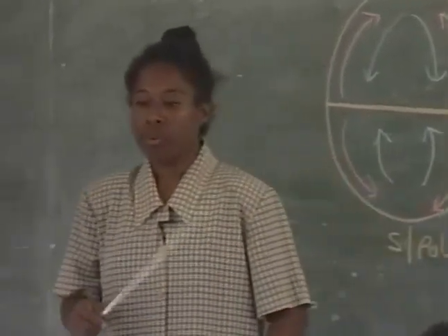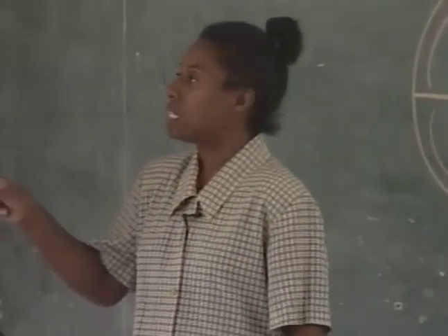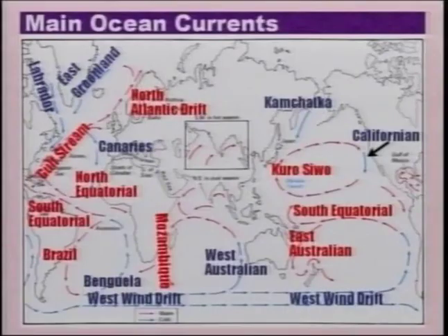Before we go ahead to looking at the map and completing some activities, let's look at the information from the monitor here quickly, showing us some of the main ocean currents. You can see the red writing plus the red arrows representing the warm ocean currents, and the blue writing plus the blue arrows representing the cold currents.